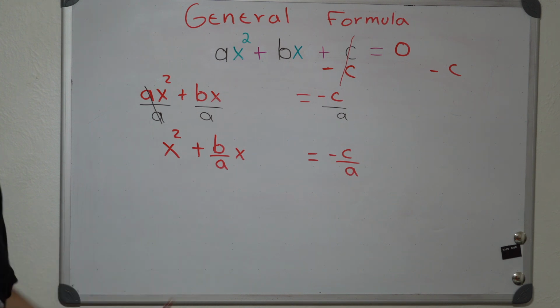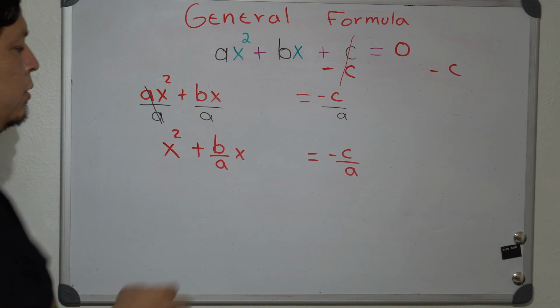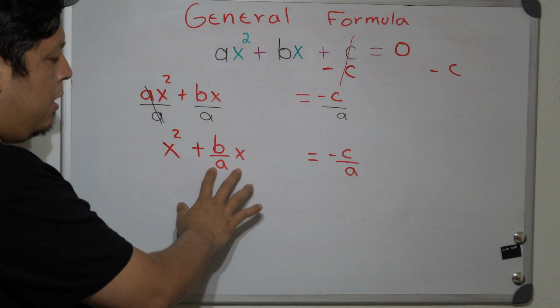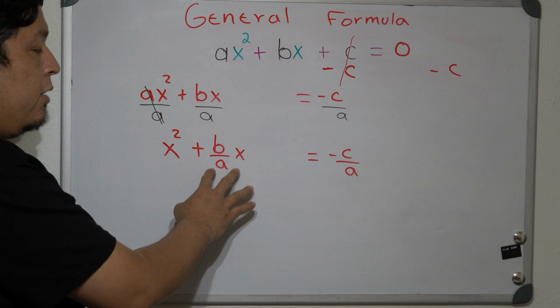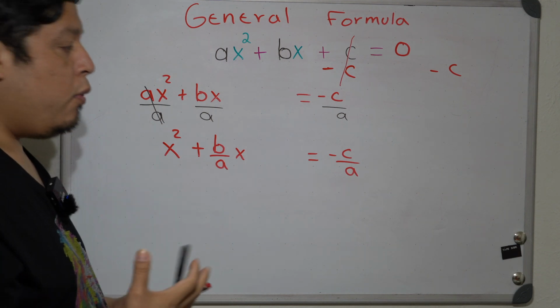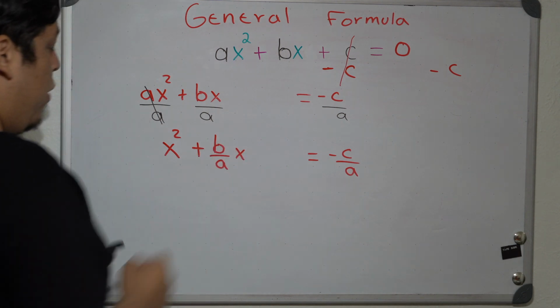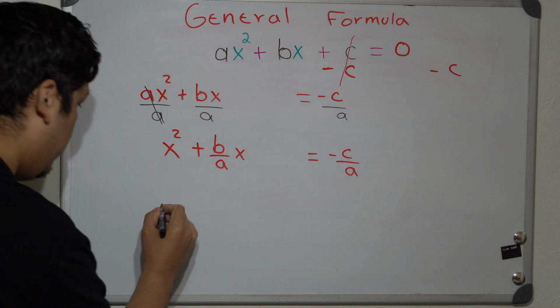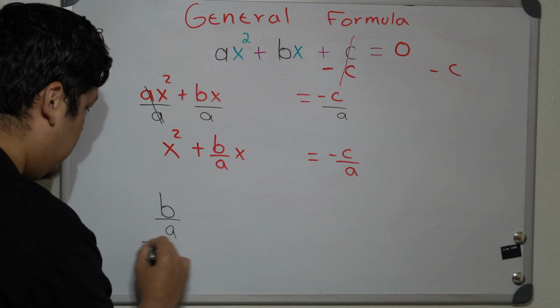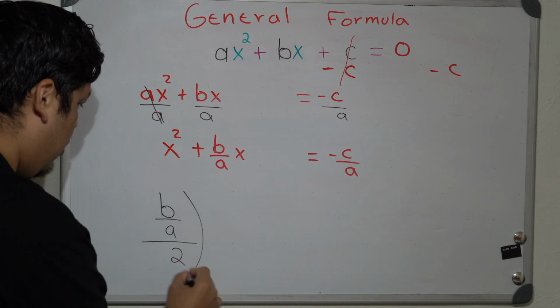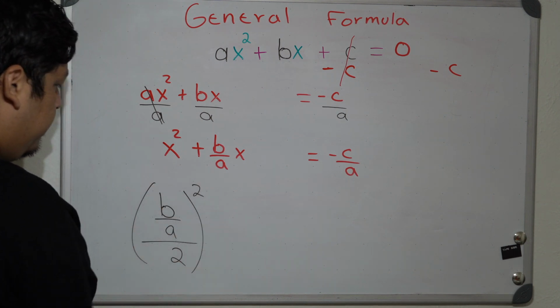From this step, now we need to take the coefficient of our x. We need to divide that by 2 and square that whole coefficient. So we will have b over a divided by 2, all of it squared.